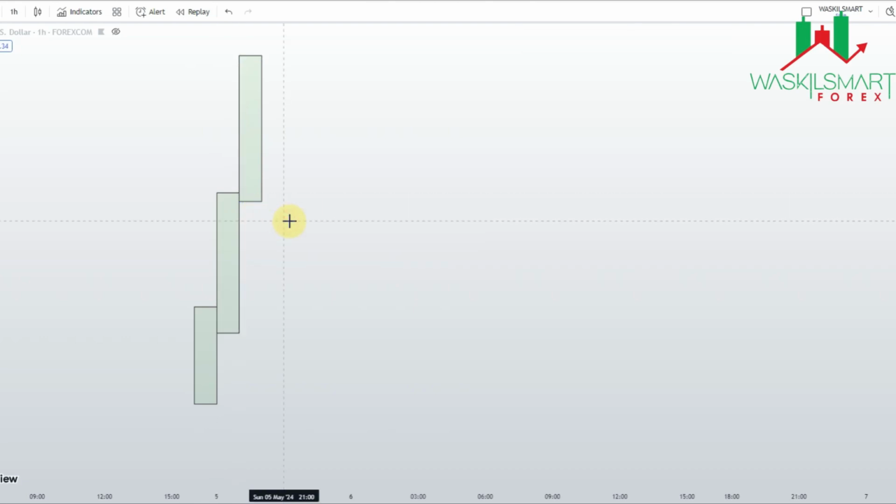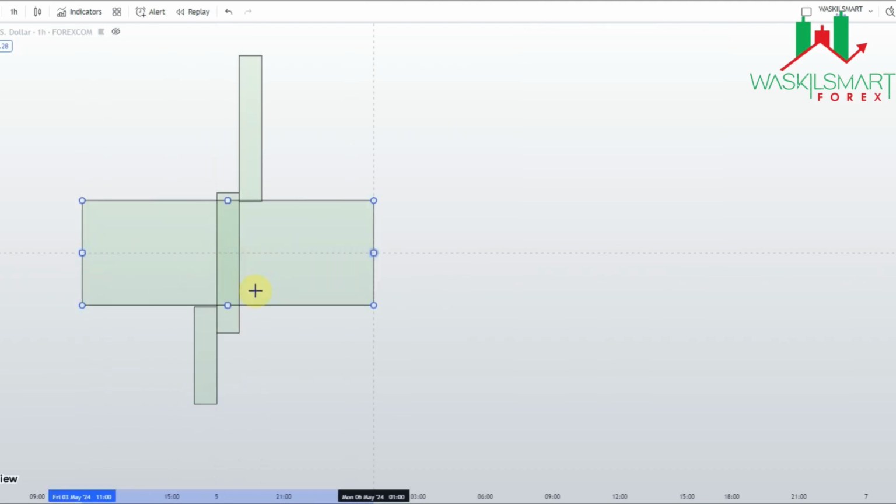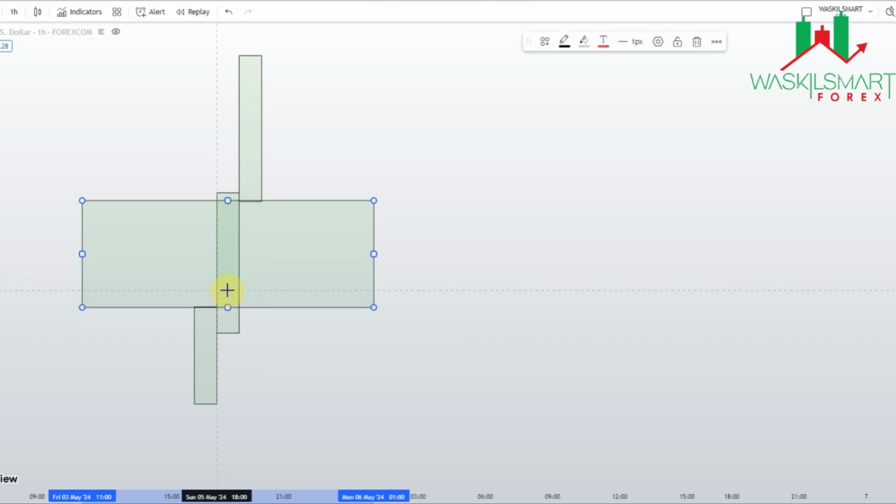Which means it left us with little trading momentum. You can see from this zone here to this place here, the only price consolidation or pricing of the market that we saw there is just bullish.